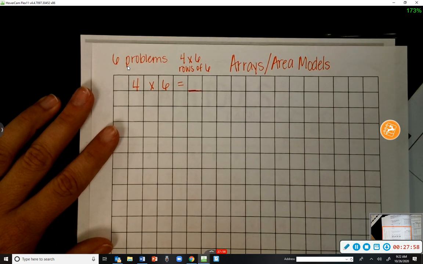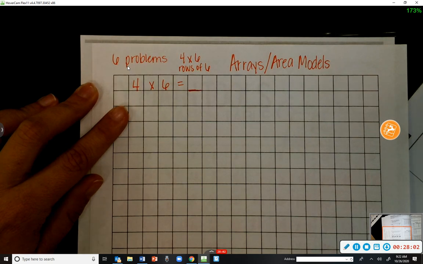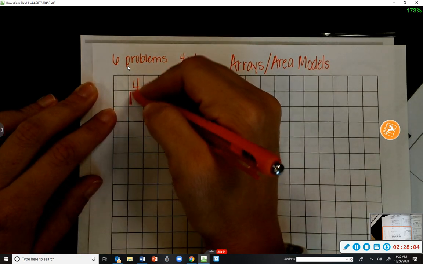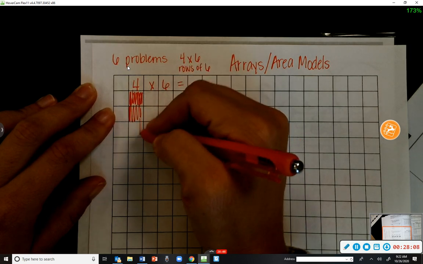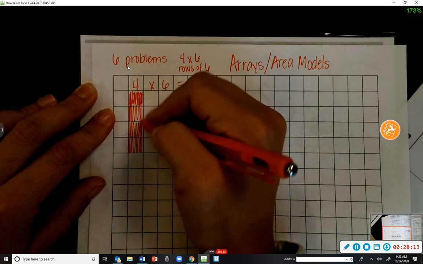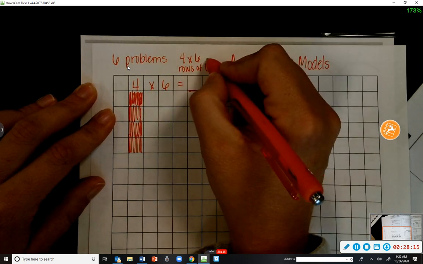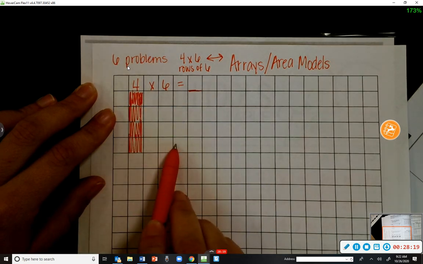So how many rows should I have for 4 times 6? Kelsey? 4 rows. So I'm going to shade in 4 boxes. 1, 2, 3, 4. Those are my rows. Remember, rows go across. So I have 1, 2, 3, 4 rows that I'm making.